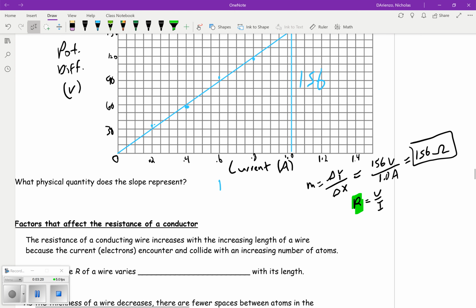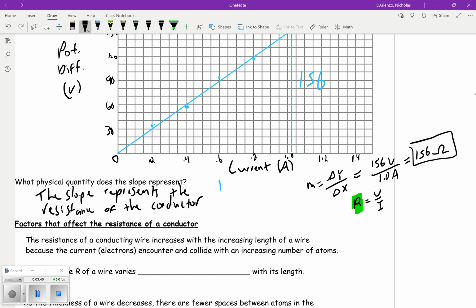The physical quantity of the slope represents the resistance of the conductor. Just a little bit of a graphical way we can try and determine the resistance of a conductor.